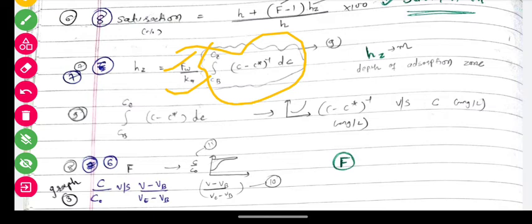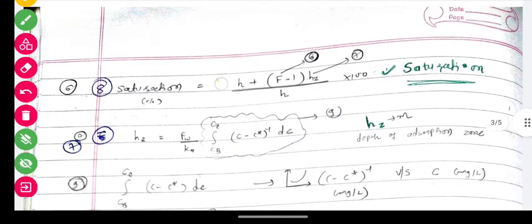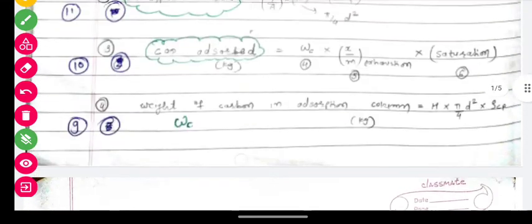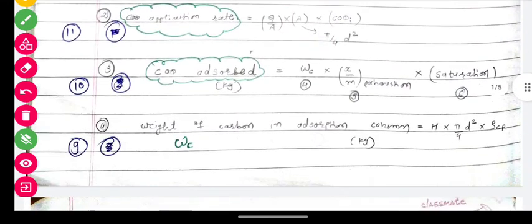So you just put in the values and you got the HZ. Small h is given in the question, and 100 is for percentage. So you got the saturation. So the 8th step is finished. You got the saturation.